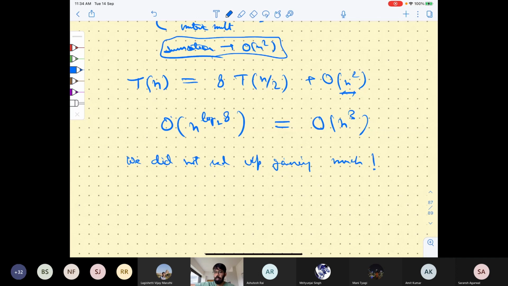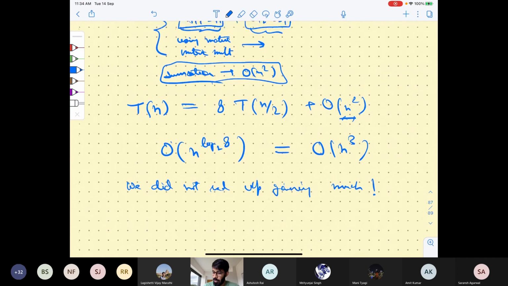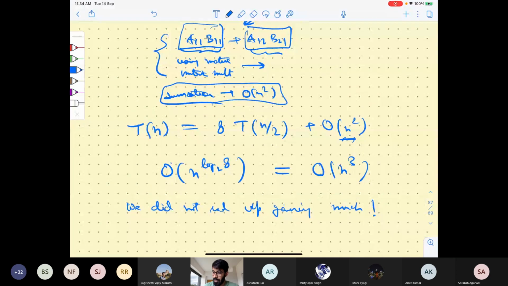It does not seem very trivial, but there is a way to do it, and that was the first algorithm which actually brought the bound below n cube. It uses a similar trick.